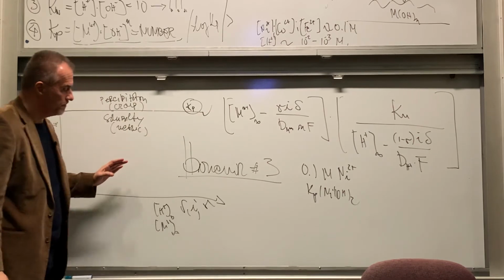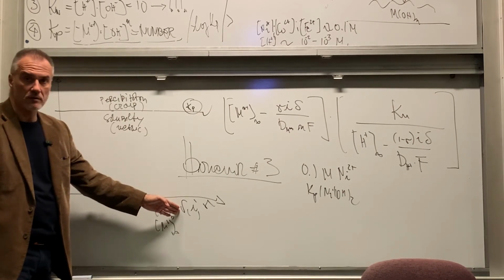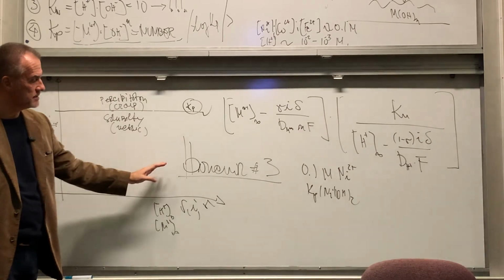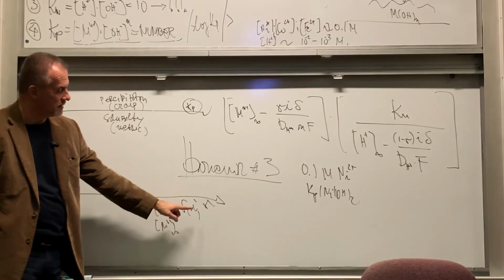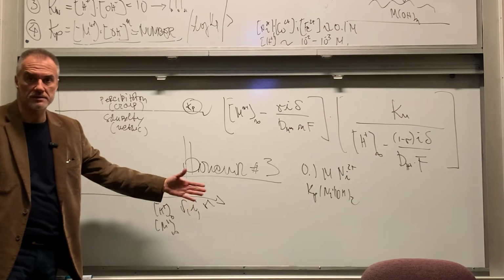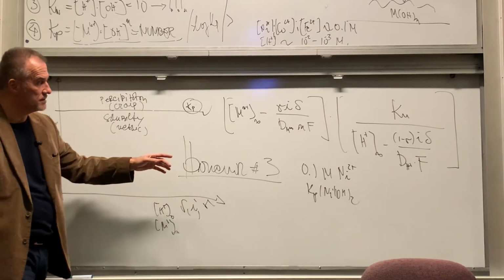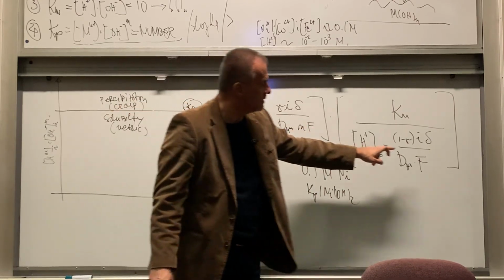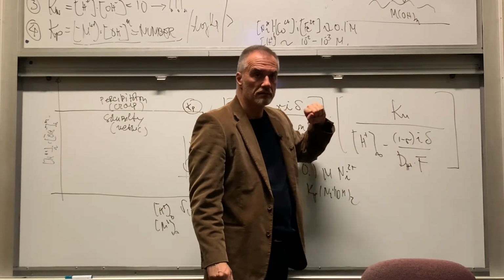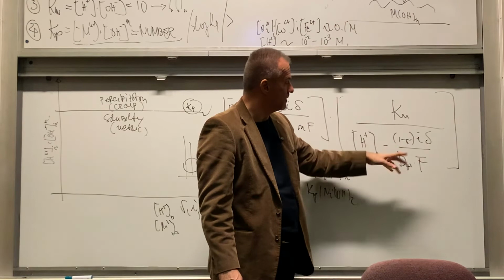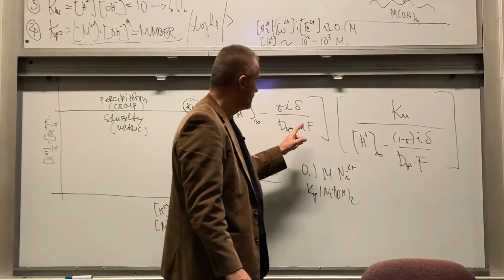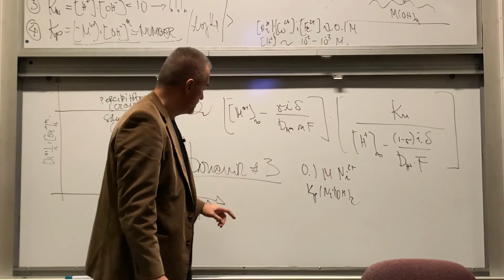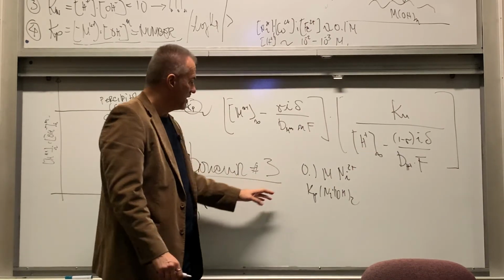And see how this product varies in terms of delta, current density, gamma, etc. What that really means is you fix everything and just vary one. Or you fix everything and vary delta. Or you fix everything and vary gamma. Or you fix everything and vary just the metal ion concentration.